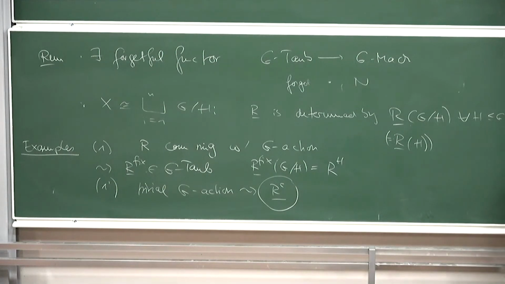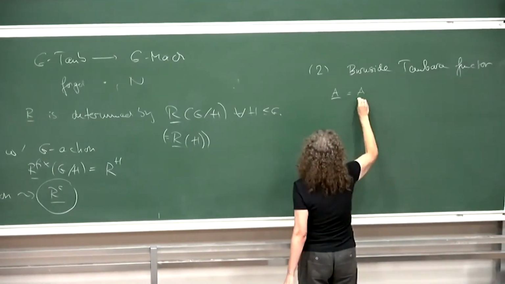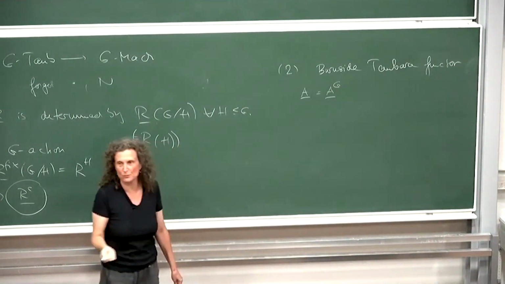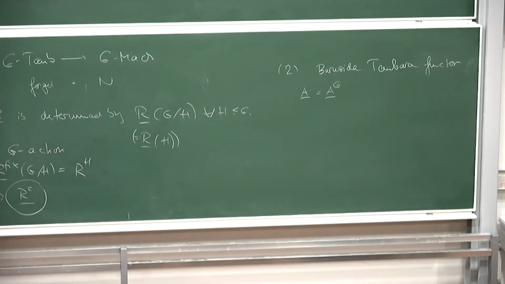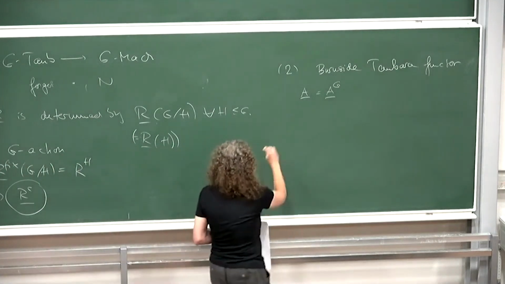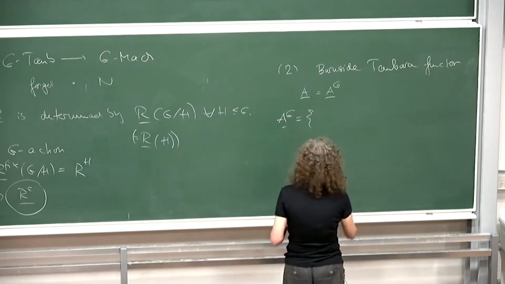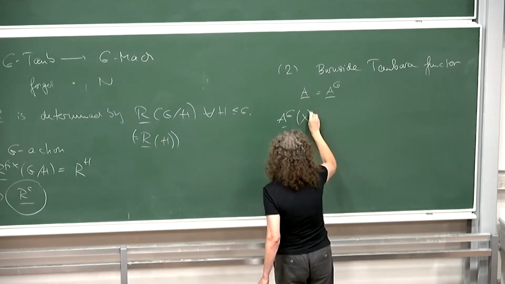This is called R underbar, and quite often, this of course depends on the group G. Quite often one suppresses this from the notation, which can be extremely confusing. So what is this thing? You take finite G-sets over a fixed G-set.